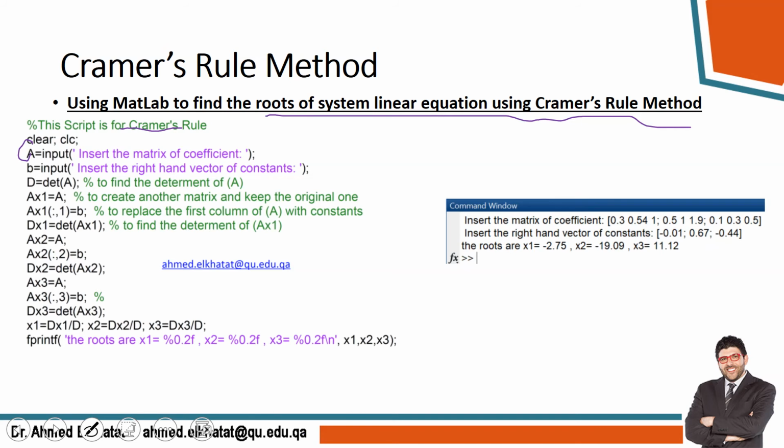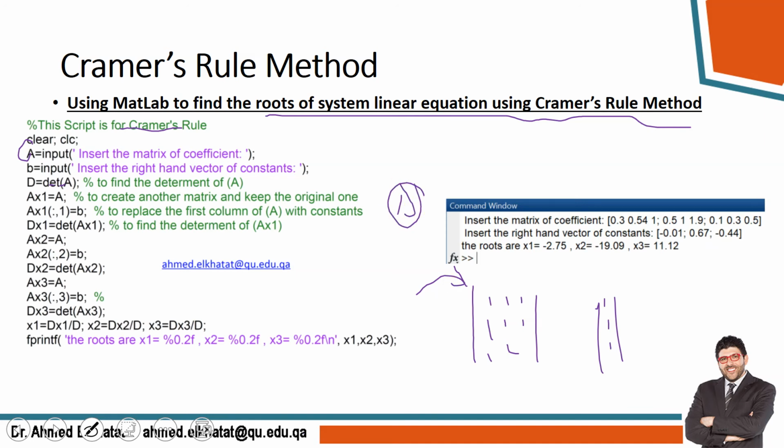So we have the matrix, and we have the right-hand vector. Now here's det(A), the determinant of A, which is used to find the determinant of A. So this is the first step.